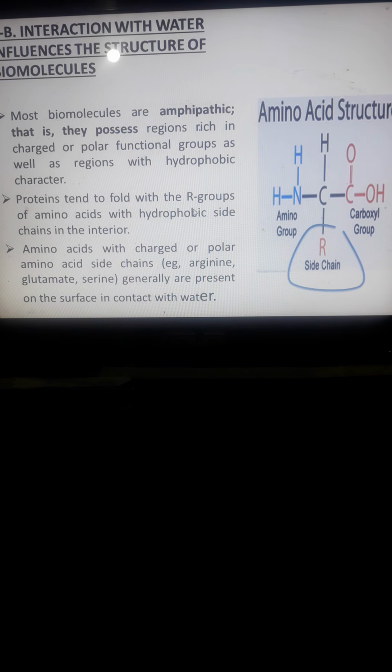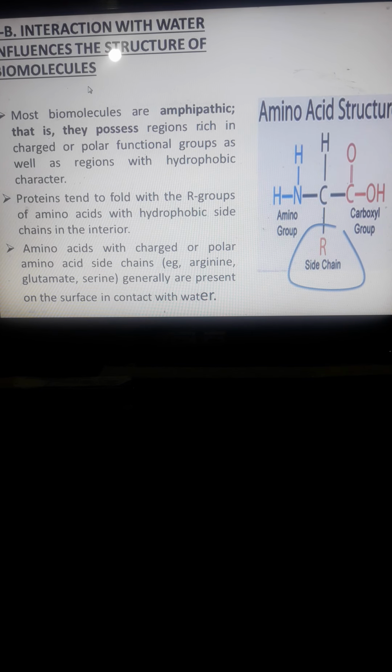Next, so interaction of water. Most biomolecules are amphipathic. When you say amphipathic, it can act as both a hydrophilic or water soluble phase, and a hydrophobic or lipid soluble phase, or both polar and non-polar.